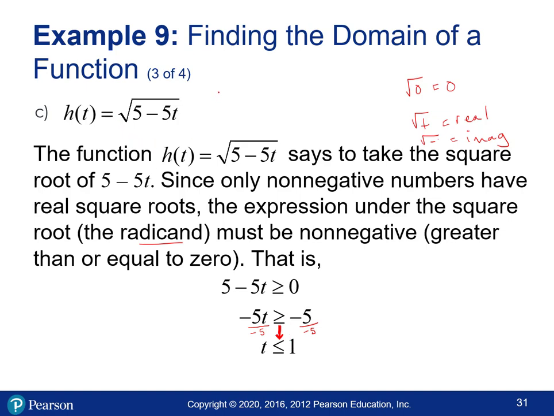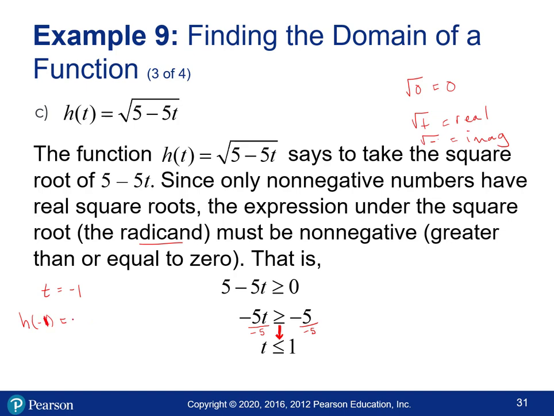Let me show you what I mean. Let's just say we pick t to be -1. So I have to pick a number less than or equal to 1. If I say t is -1, watch what happens. h of -1, and then I plug that into my function.